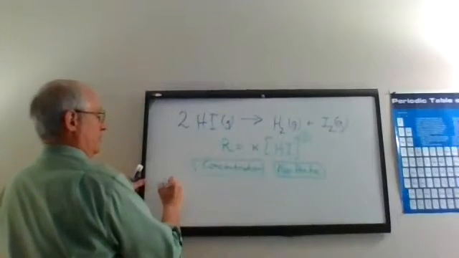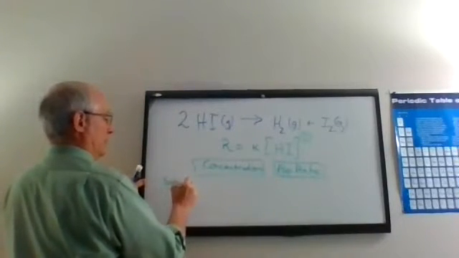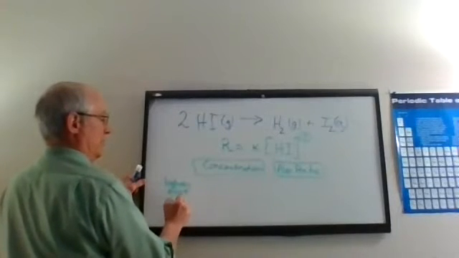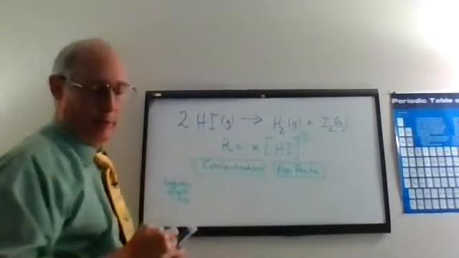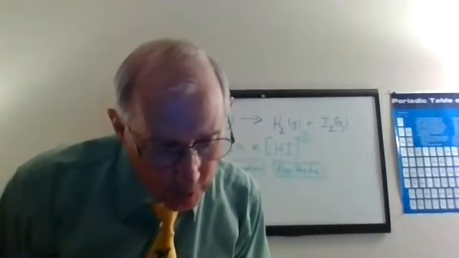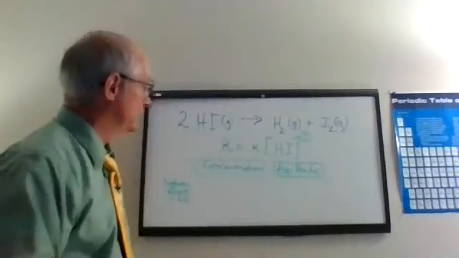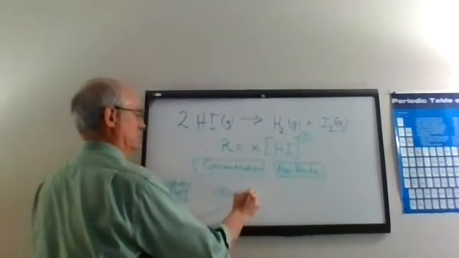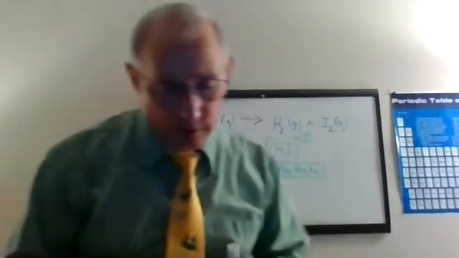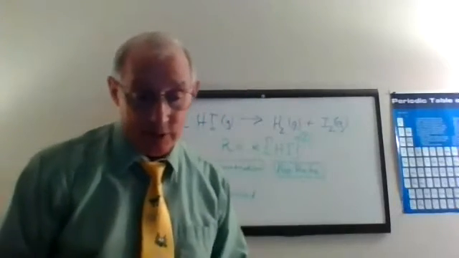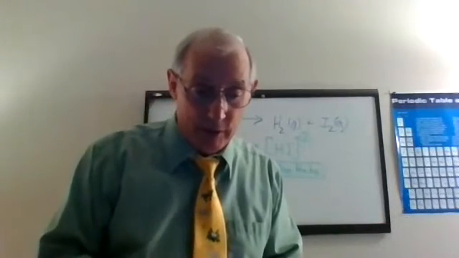Okay, between experiment 1 and 2. What happened to the concentration? Well, it went from 0.015 to 0.030. That sounds like it doubled. What happened to the rate? Well, it went from 1.1 times 10 to the negative 3 to 4.4 times 10 to the negative 3. That sounds like 4 times the amount of rate.